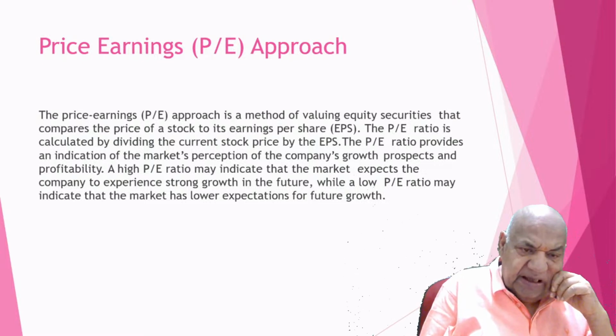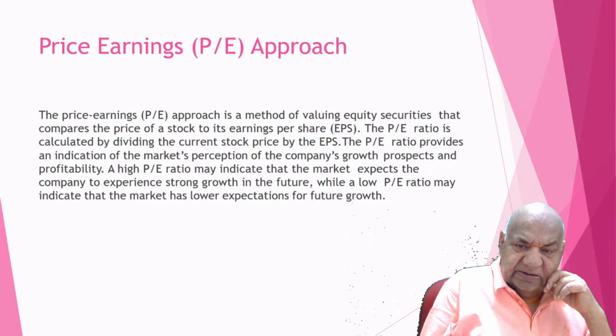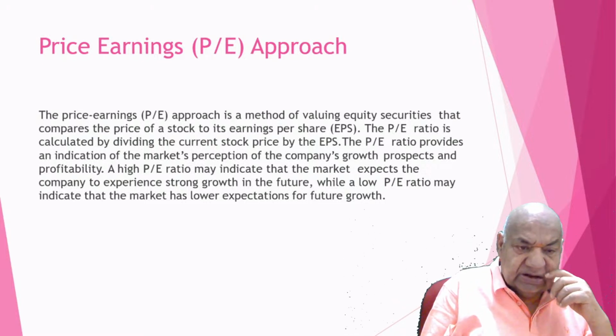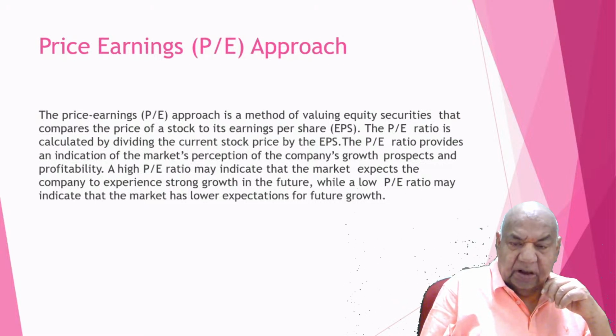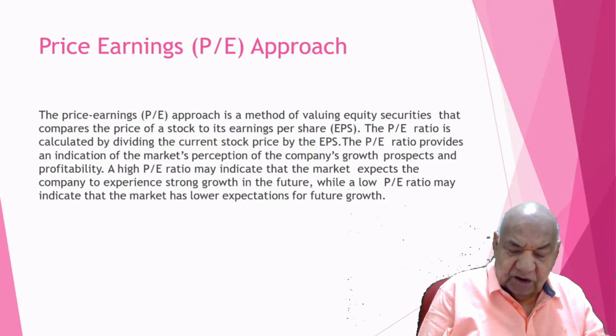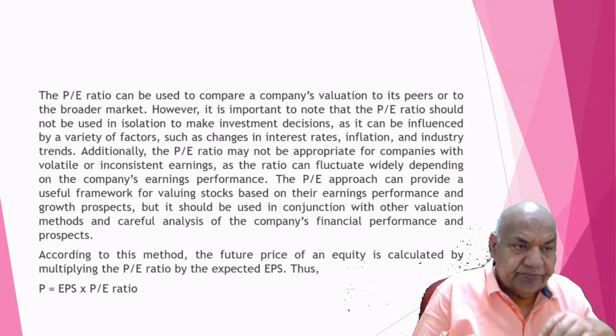A high PE ratio may indicate that the market expects the company to experience strong growth in the future, while a low PE ratio may indicate that the market has lower expectations for future growth.